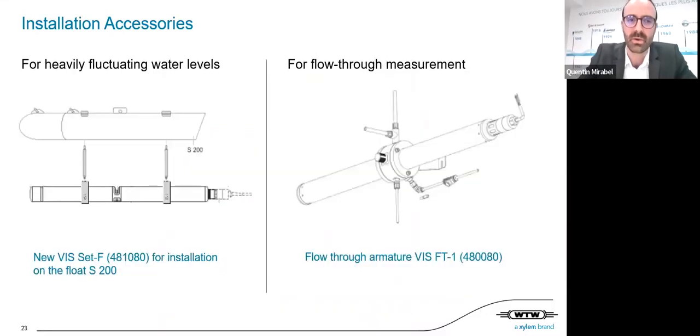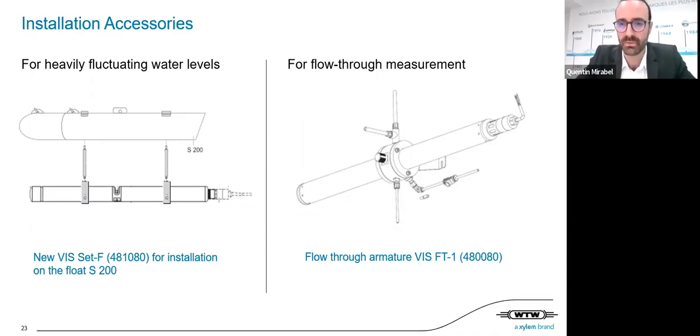Then, if you have heavily fluctuating water levels, we have the set F, as we call it, a kind of floating system that you will connect our sensor to in order to measure in a fluctuating water level.